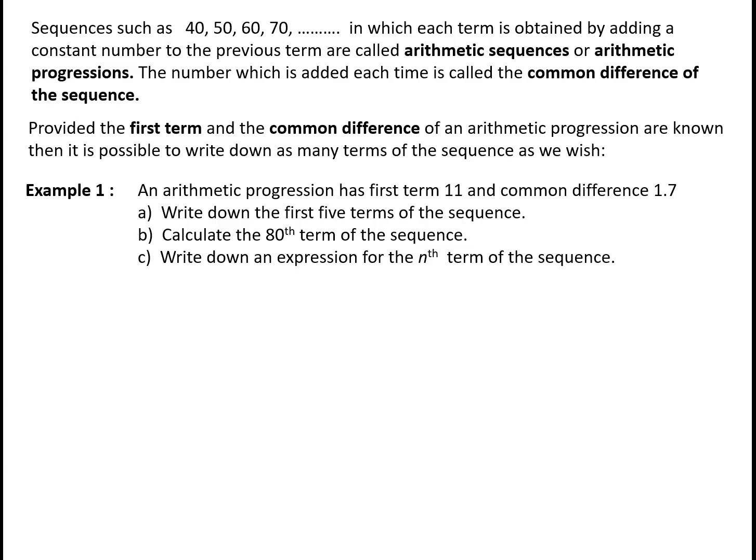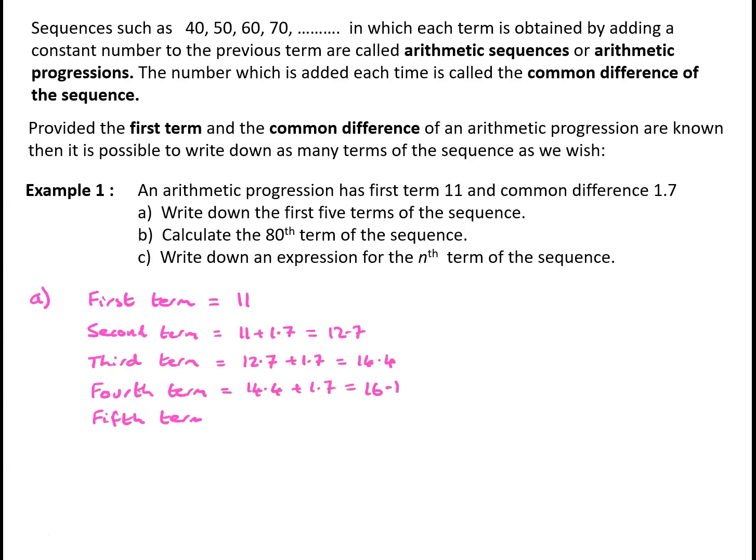So for example, if we have an arithmetic progression whose first term is 11 and whose common difference is 1.7, it's fairly easy to write down the first 5 terms of the sequence. We've got 11 plus 1.7, which is 12.7, 12.7 plus 1.7, which is 14.4, 14.4 plus 1.7, which is 16.1, and then 16.1 plus 1.7, which is 17.8.